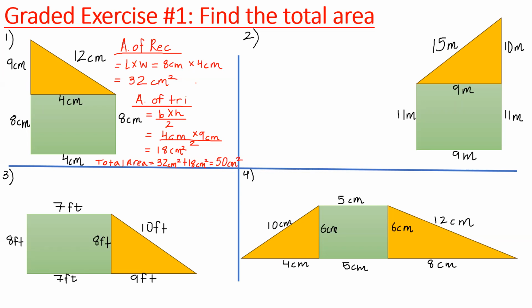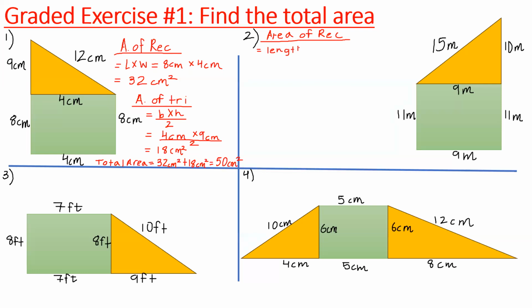Yes, sir. First, you find the area of the rectangle, and the area of the rectangle equals length times width. Okay, slow down, I can only write so fast. Okay, go ahead. Length times width.